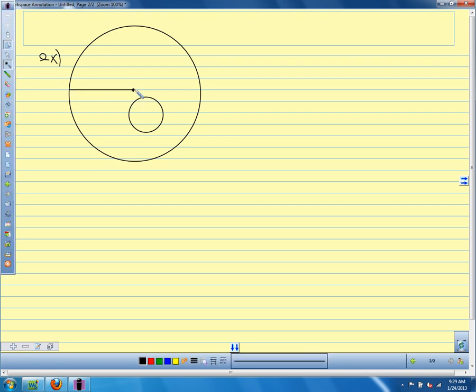And we're going to say the radius of the big circle is 5 units, and the radius of the small circle is 2 units. And we want the probability that we're throwing a dart at random and it's going to hit this target.